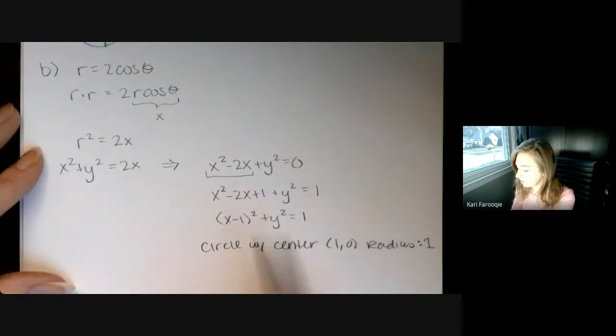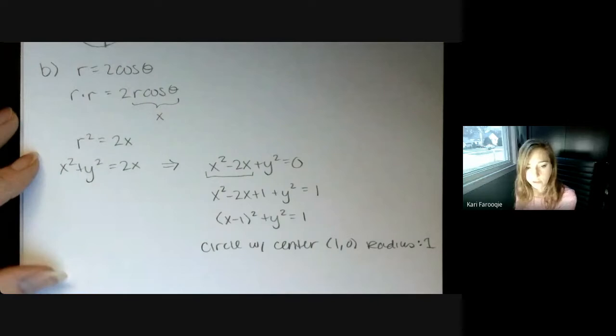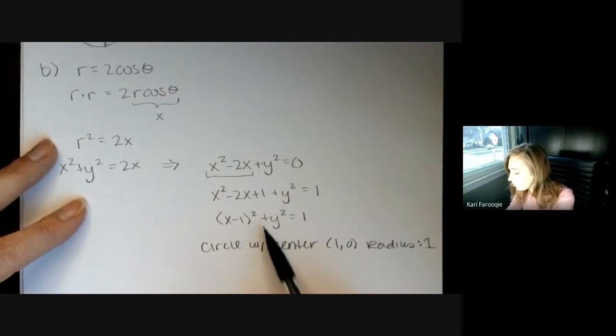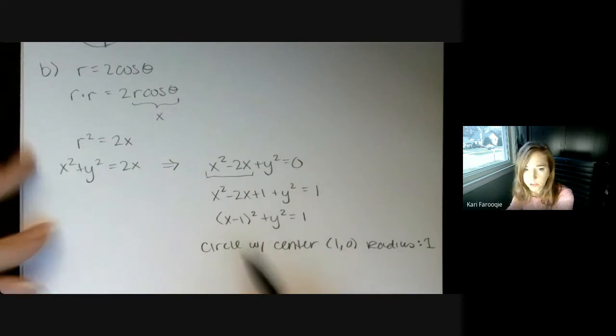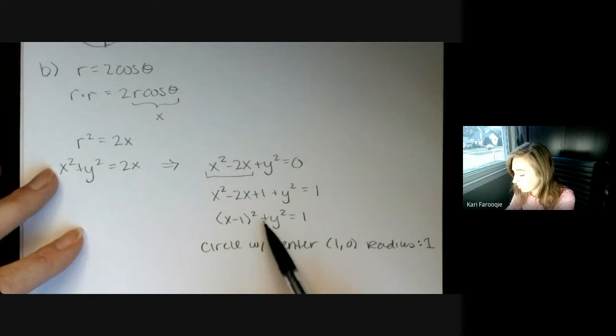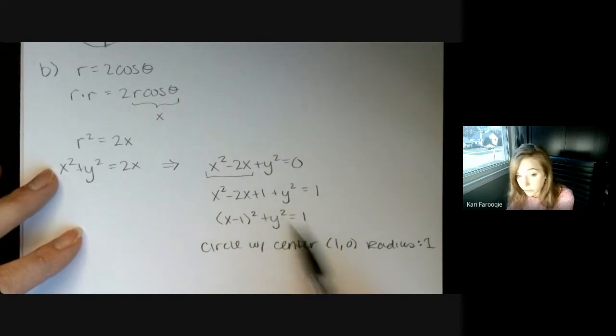Right, x minus h squared plus y minus k squared. And by the way, if you're wondering how do I know it's a circle and not an ellipse? We talked about this last week, but first of all, it's a circle because there's a plus sign. Second of all, there's a 1 on the right-hand side.